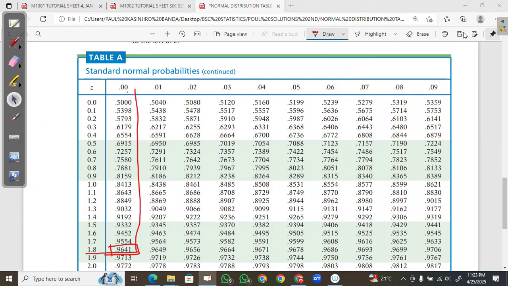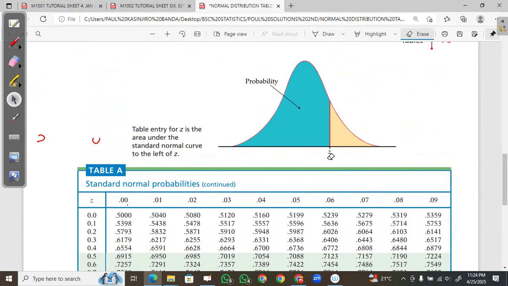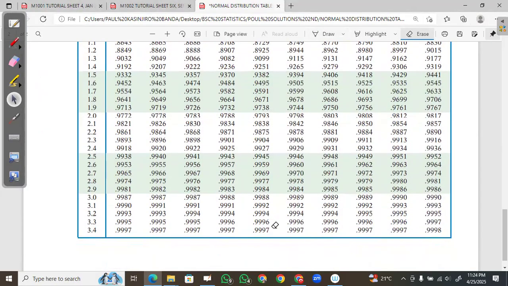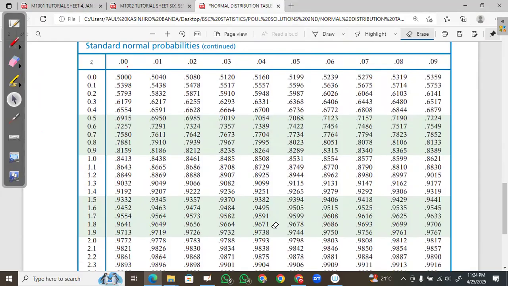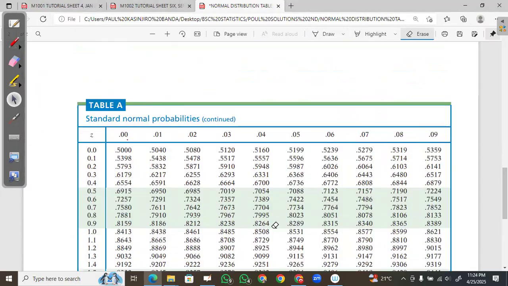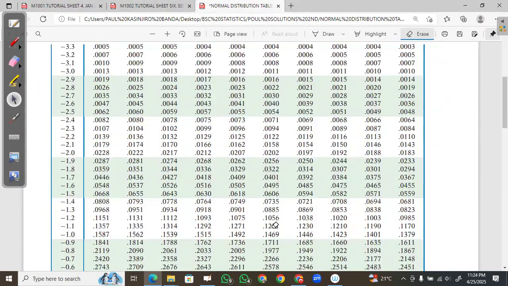So if I go here, what probability am I looking for? The probability that I'm looking for is 0.1151. Now I notice that this table shows the probabilities to the left of this Z, so I won't find 0.1151 anywhere. It means I have to use the other table where I have the negative values. The other table is here.